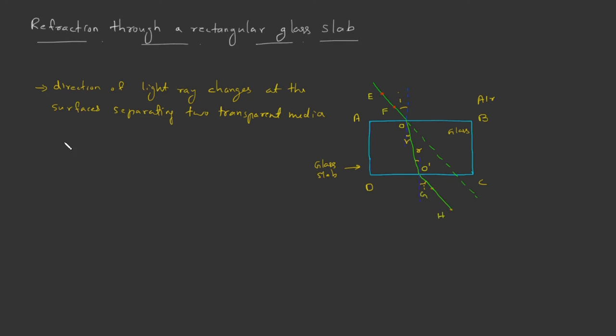That is, if light travels from rarer medium to denser medium, it bends towards the normal.